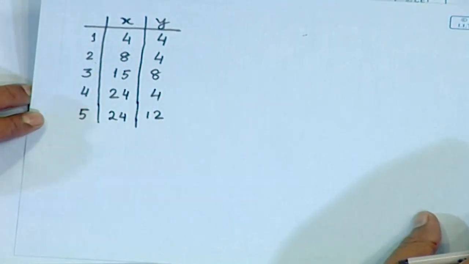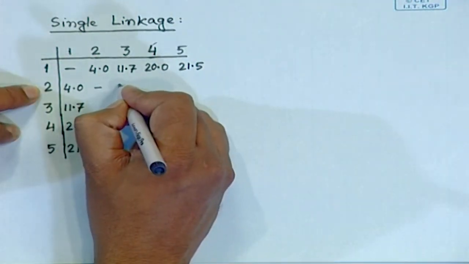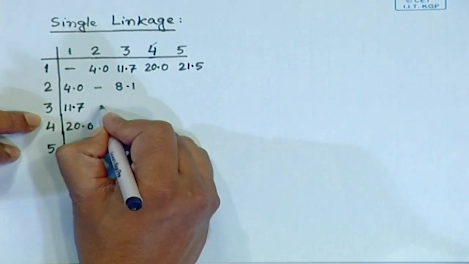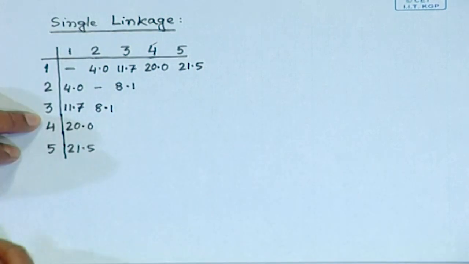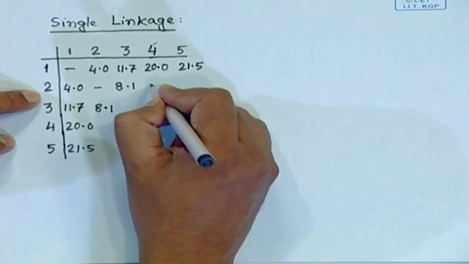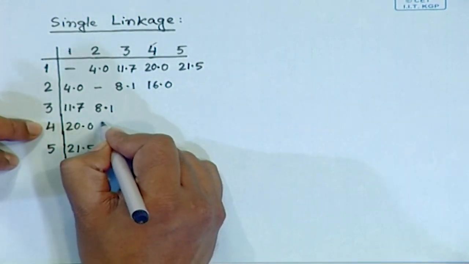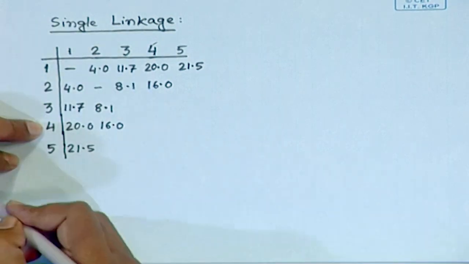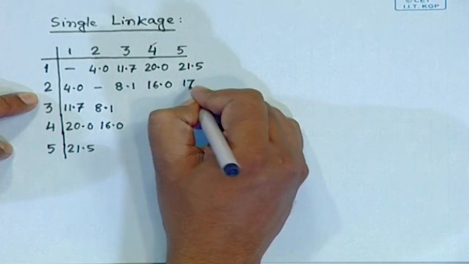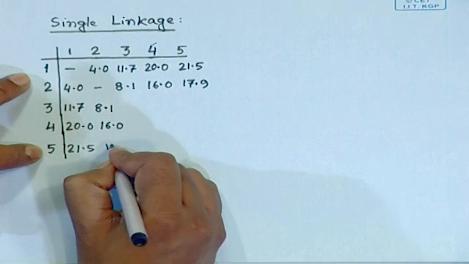This distance comes out to be 8.1, and similarly 3 2 will also be 8.1. Then the distance between 2 and 4 comes out to be 16.0, so 4 2 will also be 16.0. Then 2 and 5 comes out to be 17.9, so 5 2 is also 17.9.